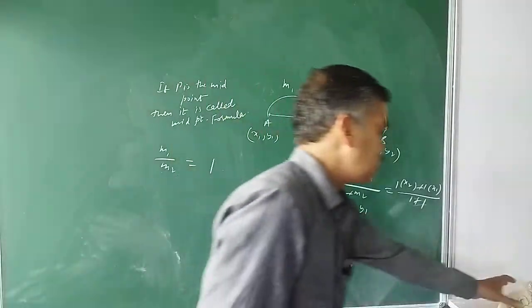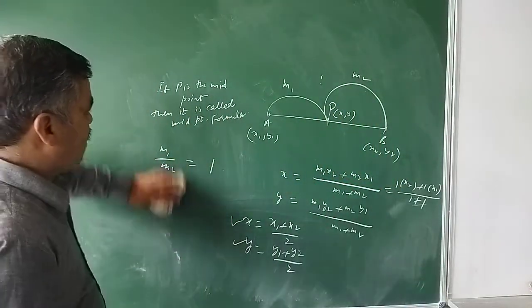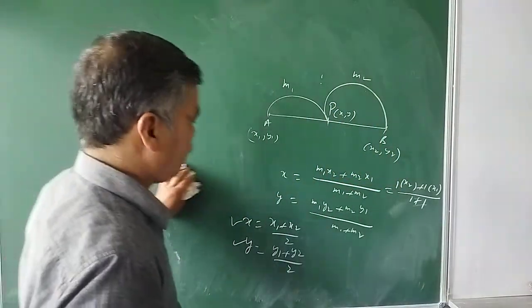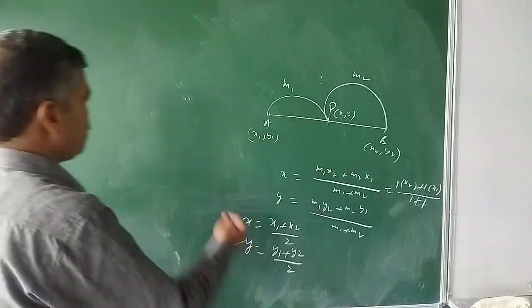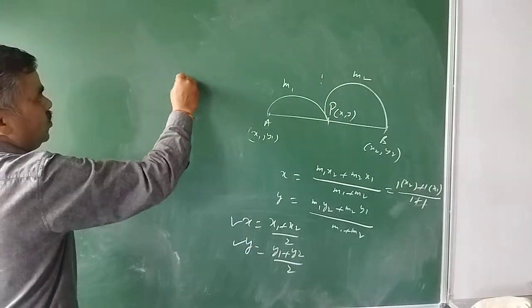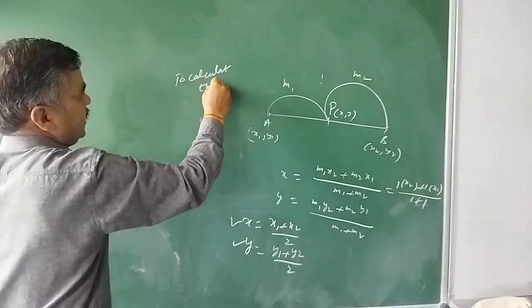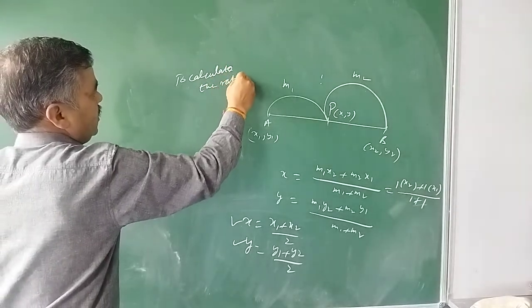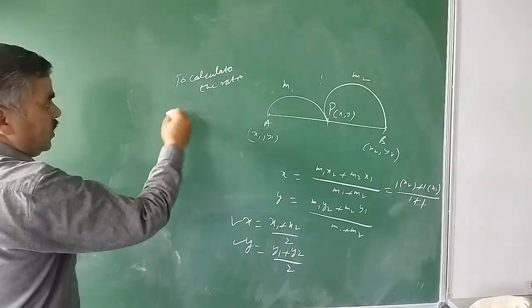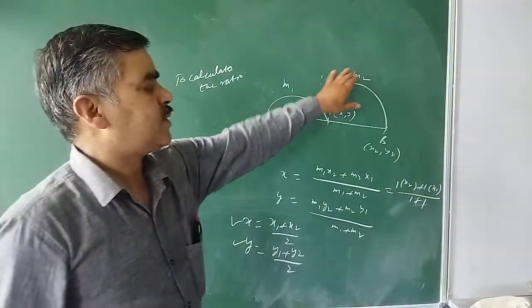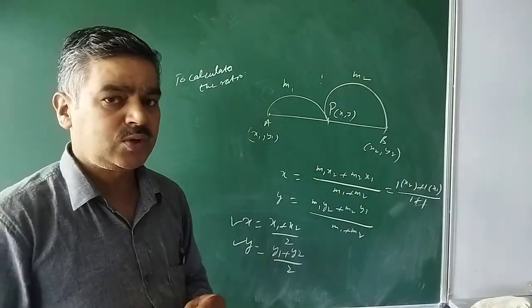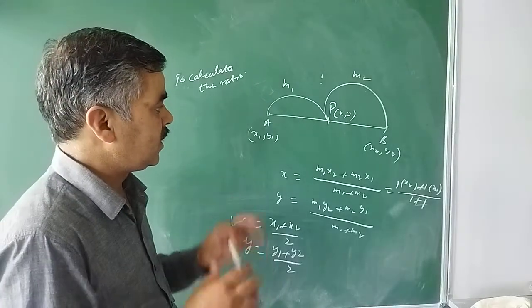Third is, suppose you are talking from the ratio calculation point of view. If you need to calculate the ratio, I can reduce these two variables into one variable. First of all, let me make it very clear why.